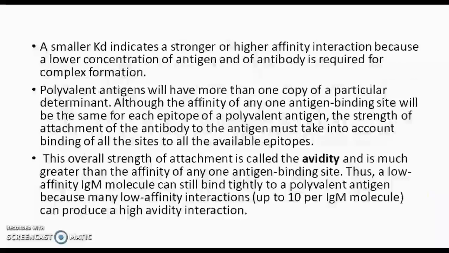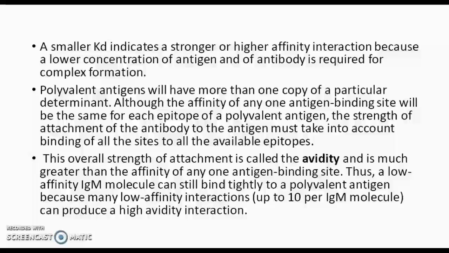The smaller Kd indicates a stronger or higher affinity interaction because a lower concentration of antigen and of antibody is required for complex formation. The polyvalent antigen will have more than one copy of a particular determinant.